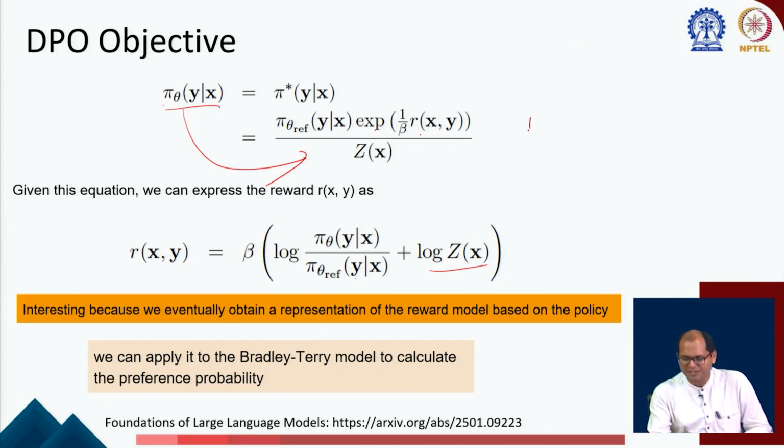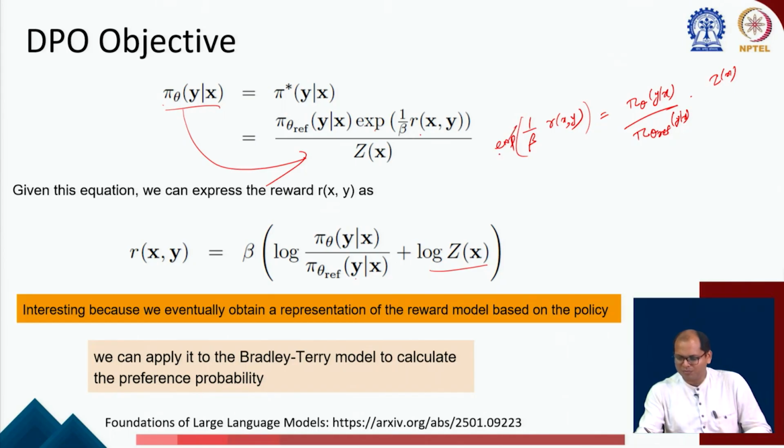If you rearrange, you will say exp of 1 by beta r x y is pi theta y given x upon pi theta ref y given x, times g x. If you remove the exponent, you get log of this plus log of this, and then you want to remove beta, so beta times this, and you get this form.